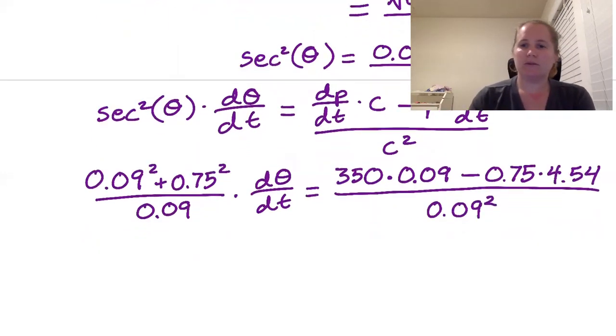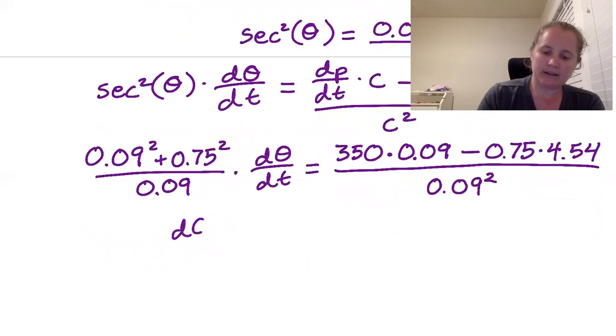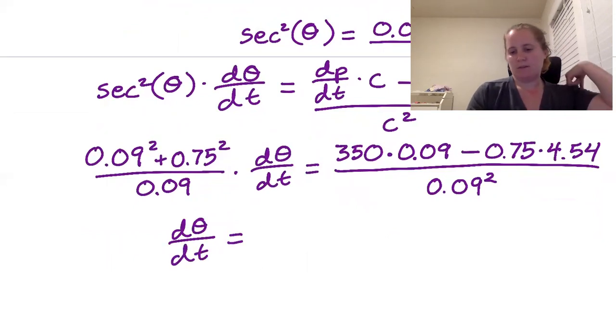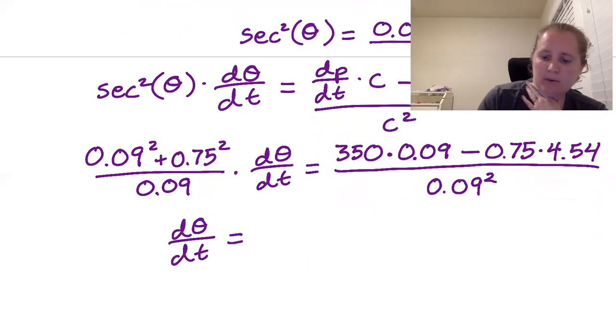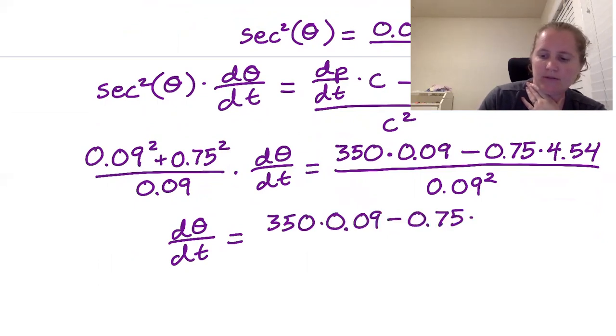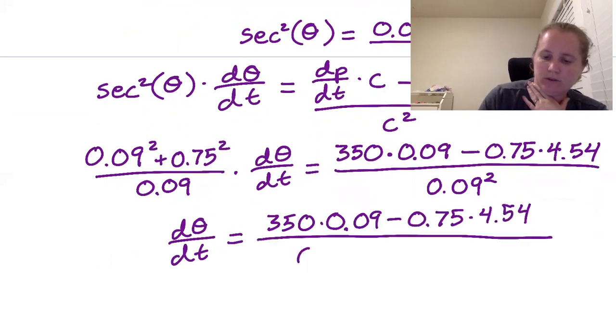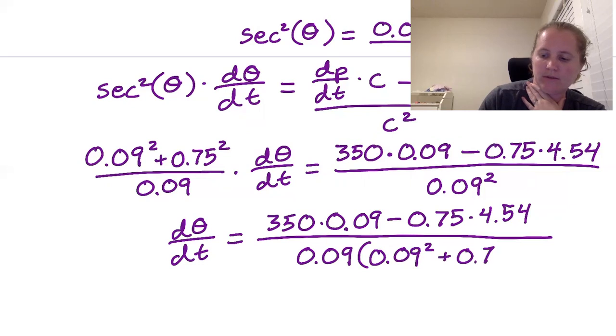And so we're really looking at d theta dt is equal to, one of those 0.09s will cancel out, 350 times 0.09 minus 0.75 times 4.54 all over 0.09 times 0.09 squared plus 0.75 squared.